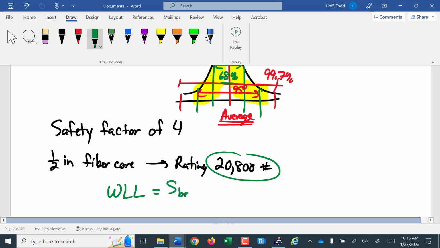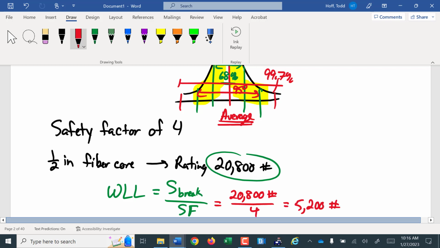The strength at the breaking point divided by that safety factor. So we're going to take that 20,800 pounds of breaking strength divided by 4, which means that rope in a working situation, we're not going to use it for anything that requires more than 5,200 pounds of stress on it.